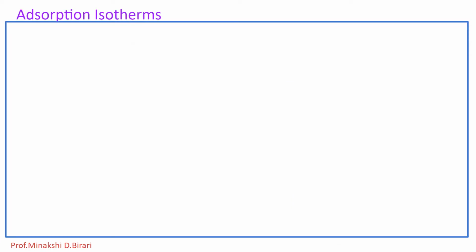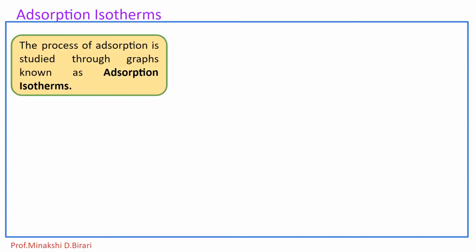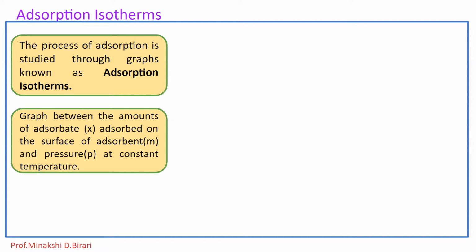Now, what about adsorption isotherms? The process of adsorption is studied through graphs. It is known as adsorption isotherms. It is a graph between the amount of adsorbate adsorbed on the surface of the adsorbent and pressure at constant temperature.